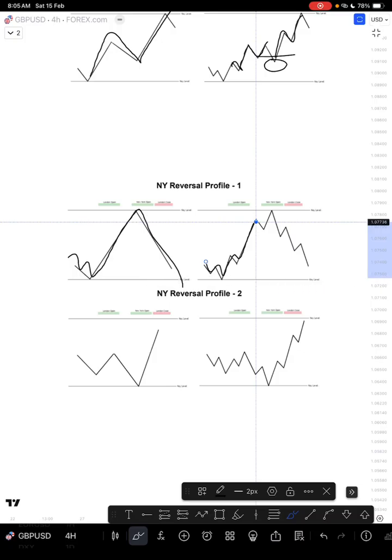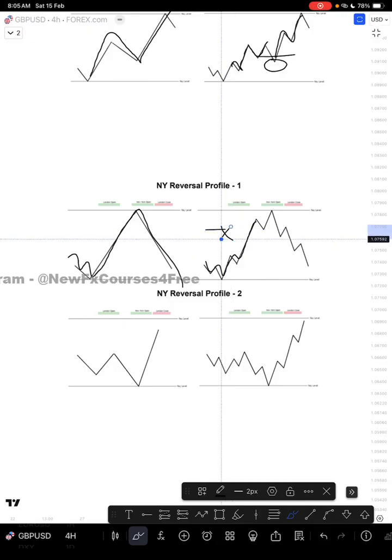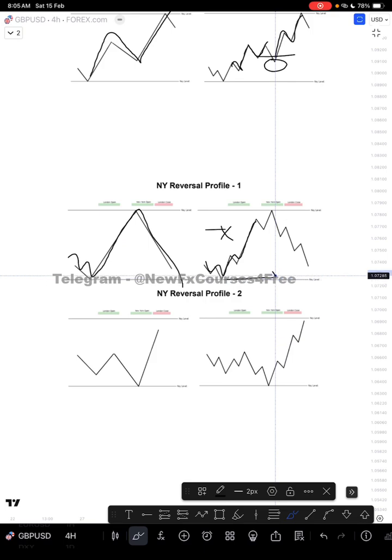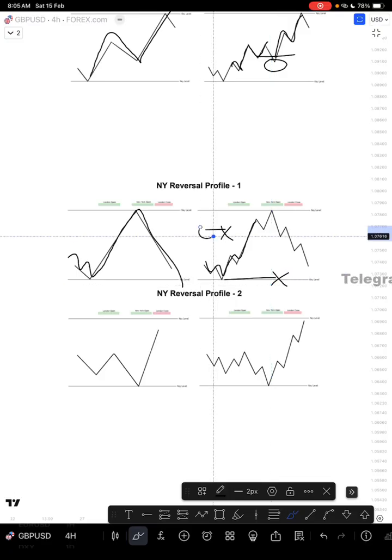Maybe it sweeps your draw on liquidity over here, then our major draw on liquidity was this low. This is just a manipulation to take out those people here.